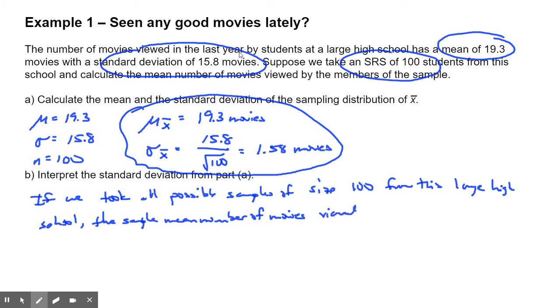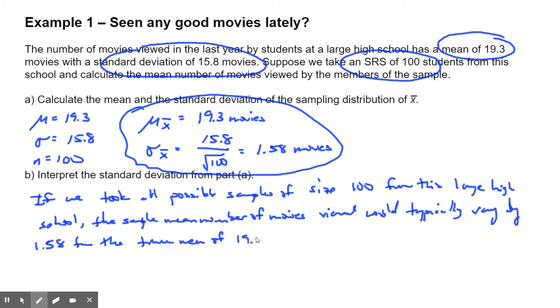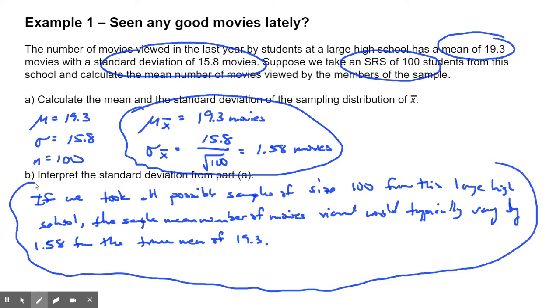The sample mean number of movies viewed in the last year would typically vary. Here's your standard deviation words, typically vary by, and then you put your standard deviation of 1.58 from the true mean of 19.3. There we go.